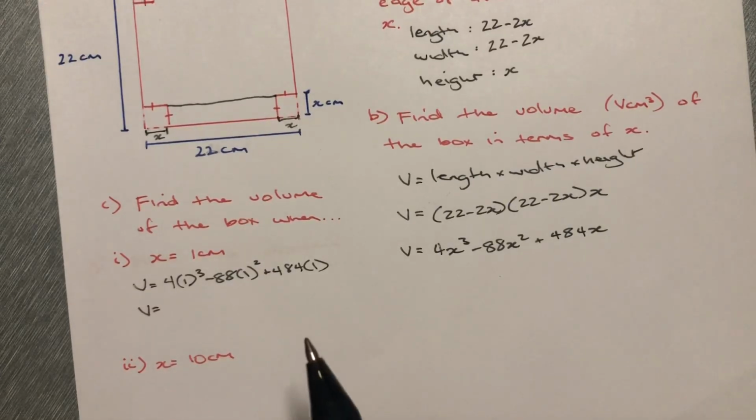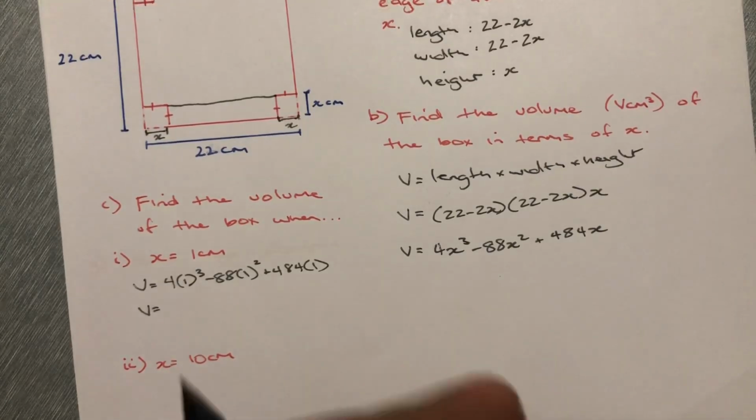If you want to save a little bit of brain power, make sure that you're getting it correct, go ahead and put it straight into the CAS. So I'm going to do that right now. Again, you might want to fast forward for a sec. And our volume should be 400.